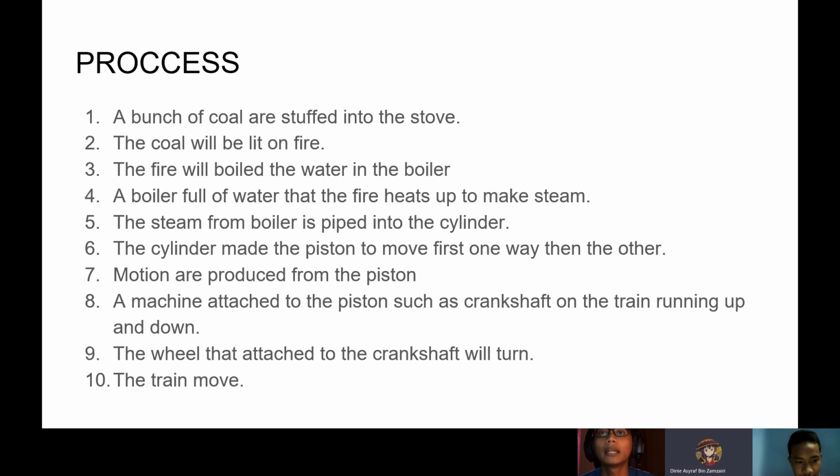So the wheel attached to the crankshaft will make the train wheel turn. So the wheel on the railway turning makes the train move.